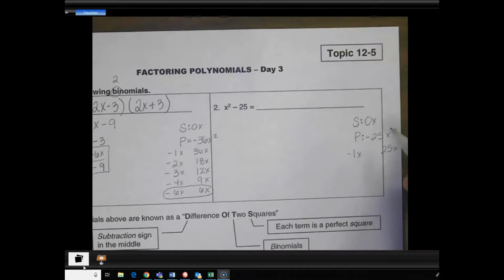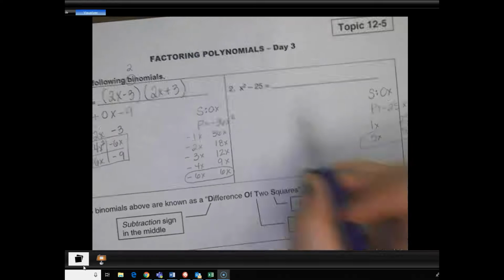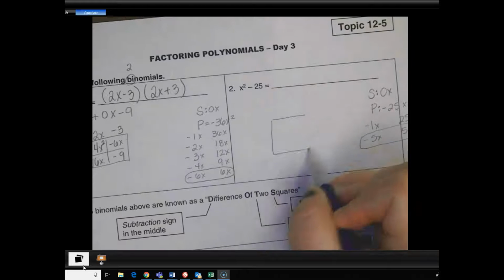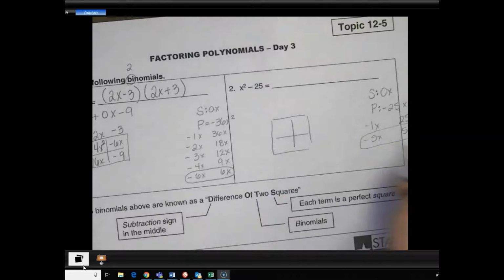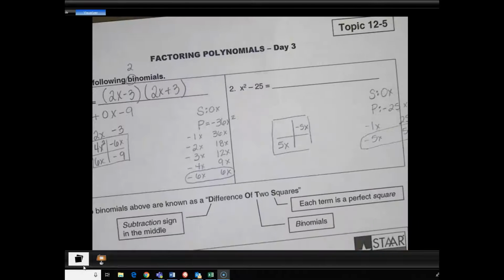So negative 1x times 25x. 2 can't go in, 3 can't go in, 4 can't go in, but 5 can, and that's where it stops. Negative 5x and positive 5x gives me my negative 25x. So it goes in negative 5x and 5x.